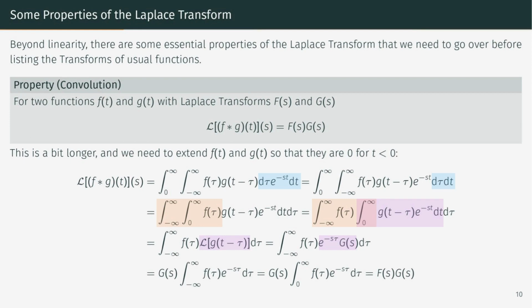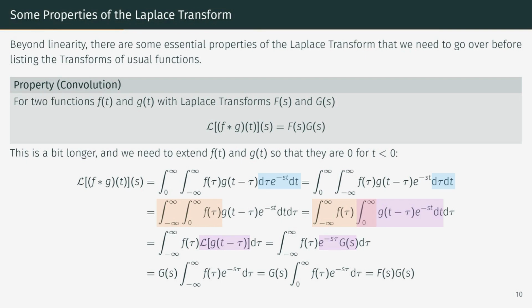On the second line, we begin by inverting the order of operations of the integrals such that we get the double integral of f of tau g of t minus tau times e to the negative st d tau dt, with the first integral from negative infinity to infinity and the second from 0 to infinity.